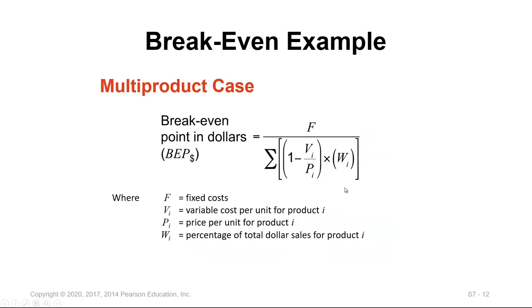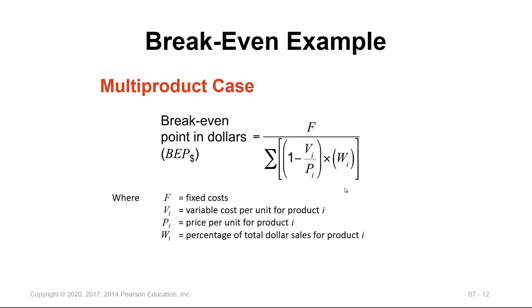The previous calculation and example was for a single product, and most of the companies don't have only a single product. They will have more than one product and with different dollar sales percentages. You will see some of the products that will be sold the most, some of them will be sold less, and so on.